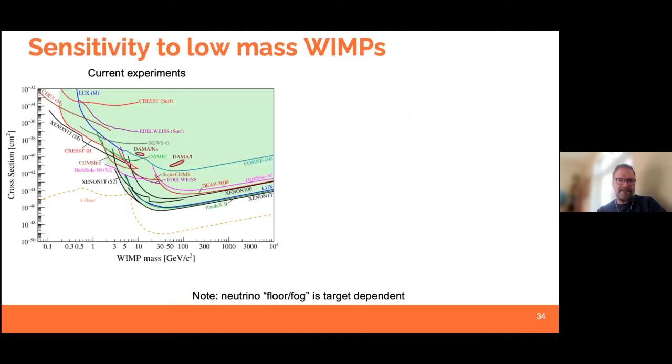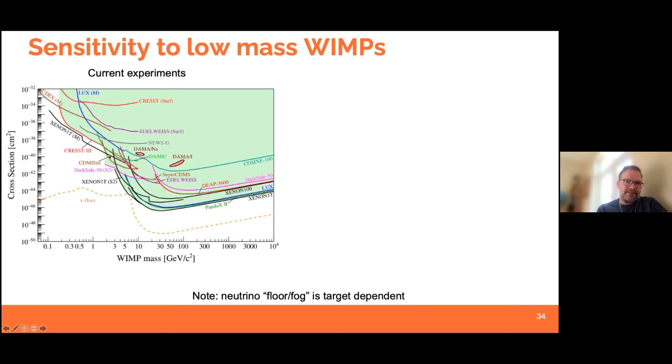And what we then see here is that results in the sensitivity to low mass WIMPs. Here you can see that we have these exclusions from the liquid xenon experiments, which then lose sensitivity as you go to smaller WIMP masses, as I said, because you no longer get a sufficient recoil that you can register.